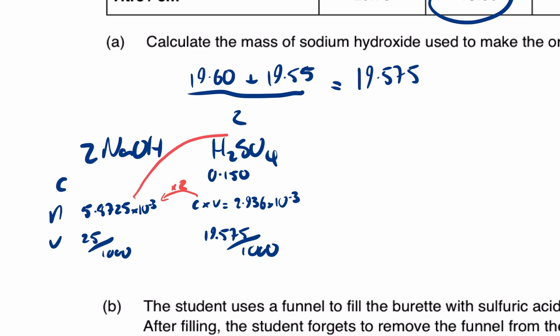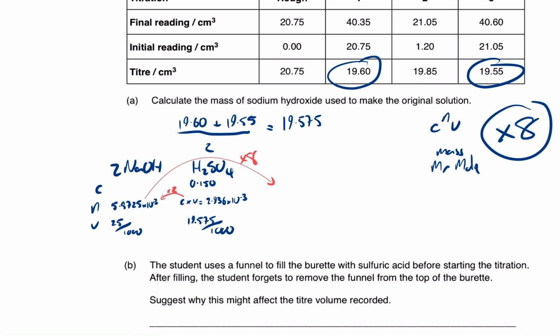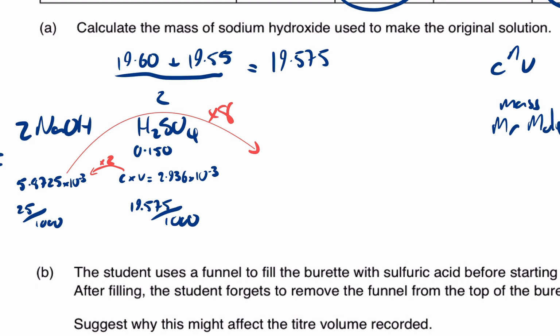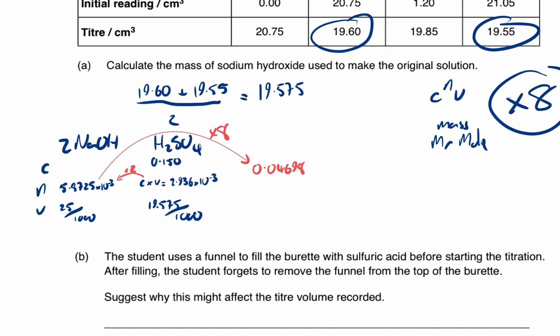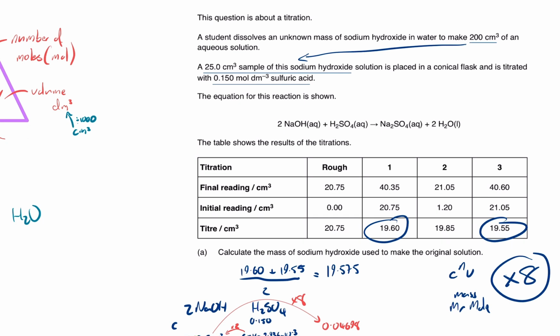I need to know the moles in 200 centimetres cubed. So again, that's why I've got this note, times by 8. So there I get to 0.04698. So that's the moles of sodium hydroxide that I had in this 200 centimetres cubed aqueous solution.